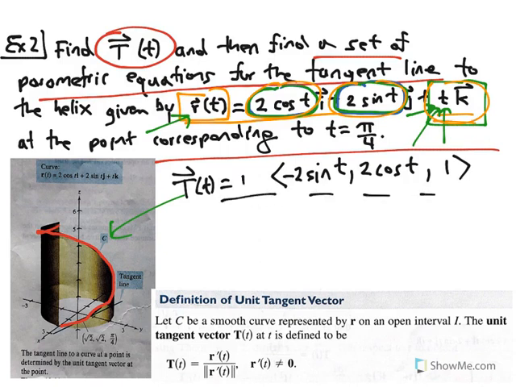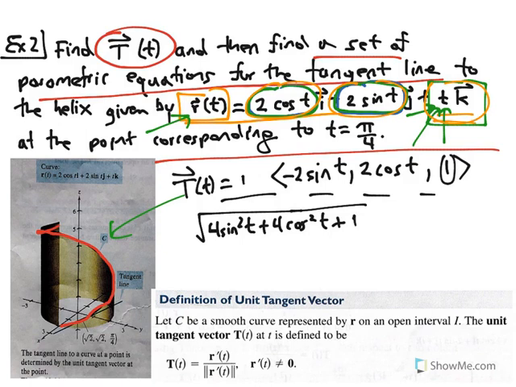What is the magnitude of this vector? So you will have negative 2 sine t squared, which would be 4 sine squared t, plus 2 squared cosine squared t, which would be 4 cosine squared t, plus the square of 1, which is 1.